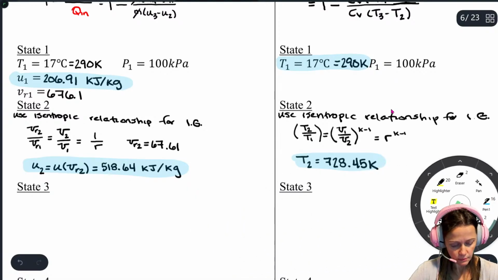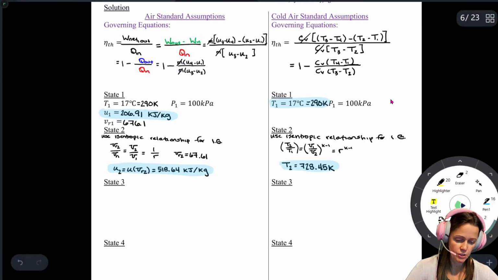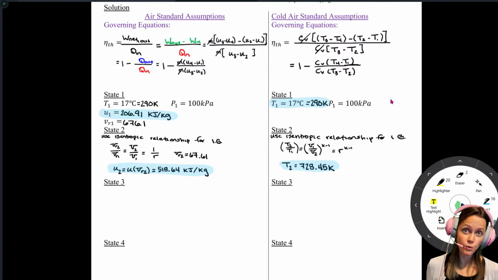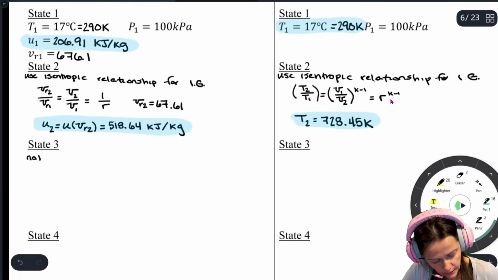Okay, back over here. So for the air standard assumption, solving for state 3. From 2 to 3, we've got a constant volume heat addition process. So it is not an isentropic process because you've got heat addition. So let's write that. It's not an isentropic process from 2 to 3.